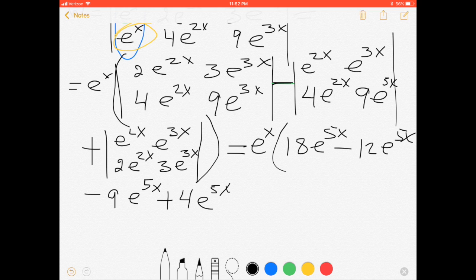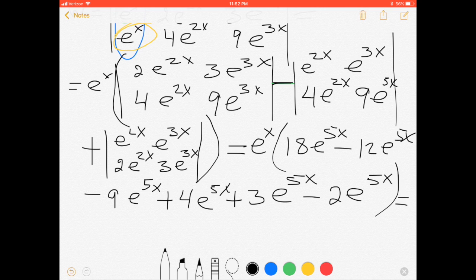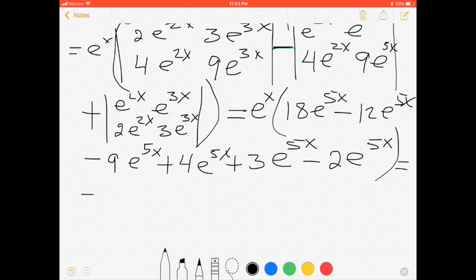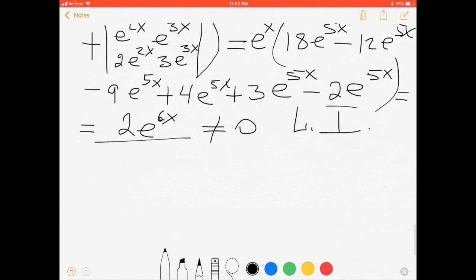And the last one will be plus 3e to the 5x minus 2e to the 5x. Finally, we have e to the 6x times 6 minus 3, which is 3, it will be 2. It's never equal to 0. This means it's linearly independent. Okay.